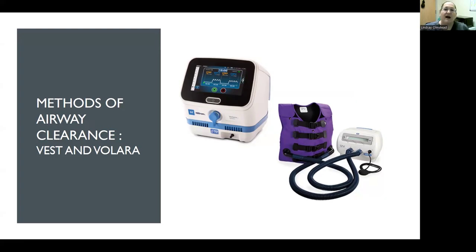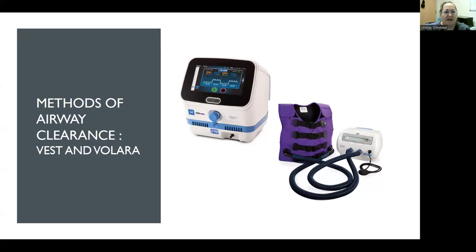Again, once you've moved it up, you still have to have that cough. So if you have a patient that is using this and you can hear they're maybe struggling to cough, it's okay to use that cough assist when they're done with this, to do that whole process of airway clearance.